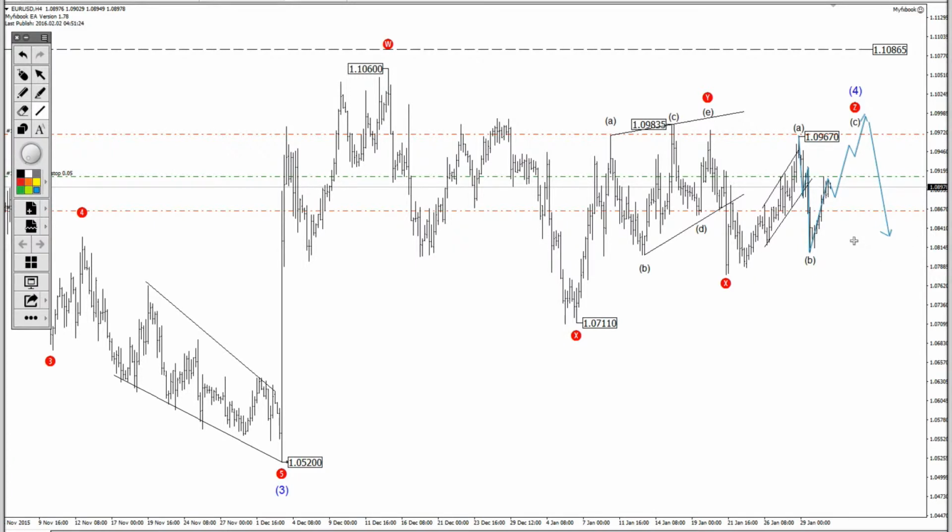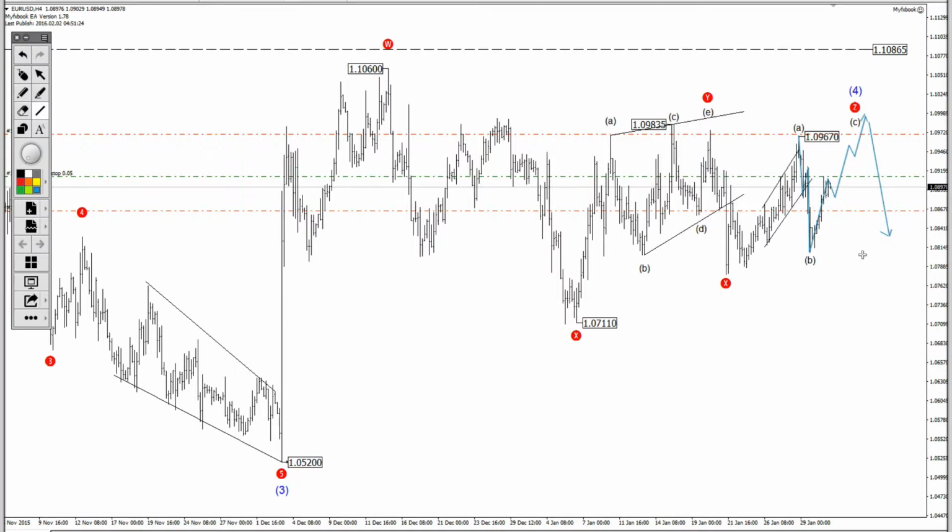So once we see the reversal and the decline can start, then of course there's very good trading opportunities. Impulsive waves are much easier to trade than corrective waves. Of course, there can be good trading opportunities on corrections as well, but still we prefer to trade the impulsive waves.